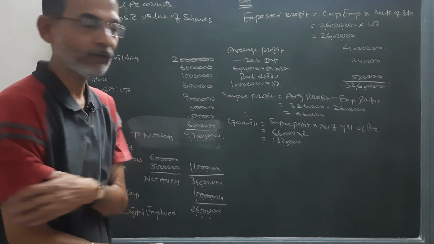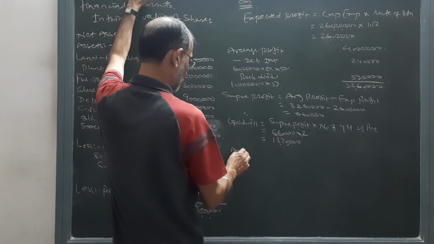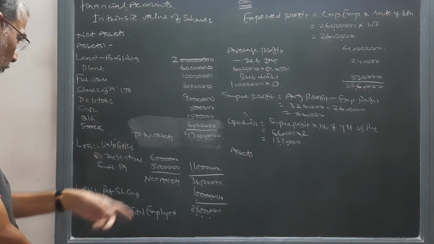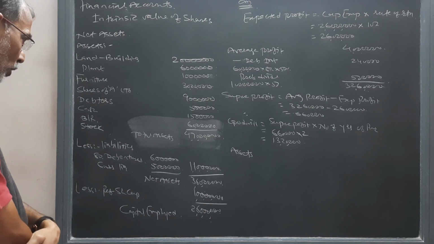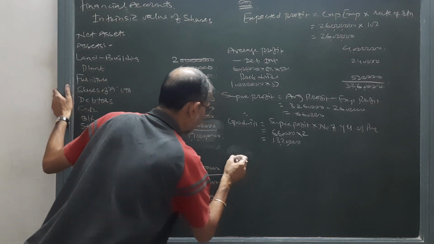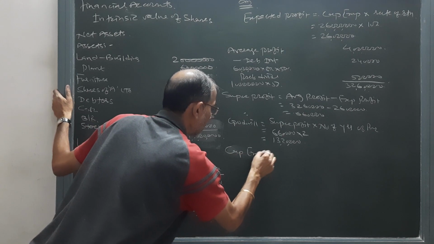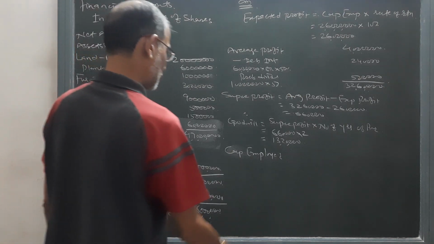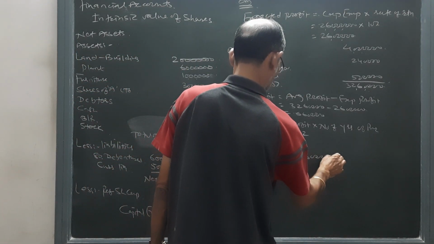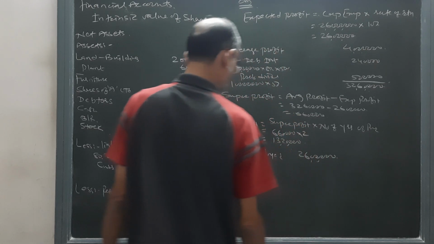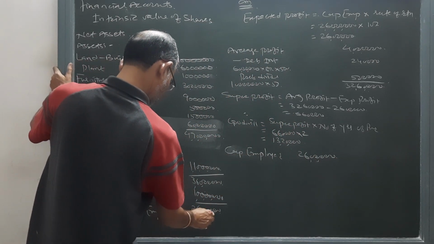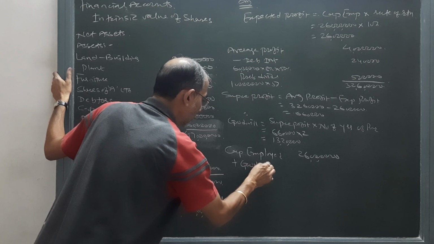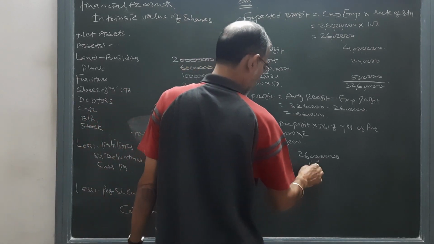Now to find the intrinsic value, assets, or capital employed, that was 2 crore 60 lakh plus goodwill, that is 13 lakh 20,000.